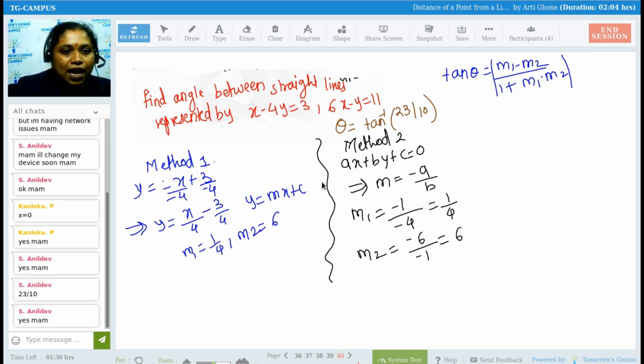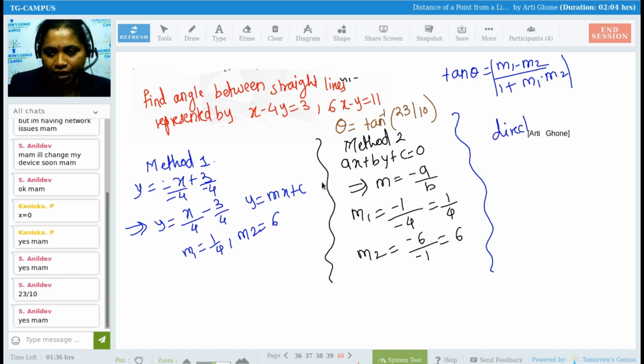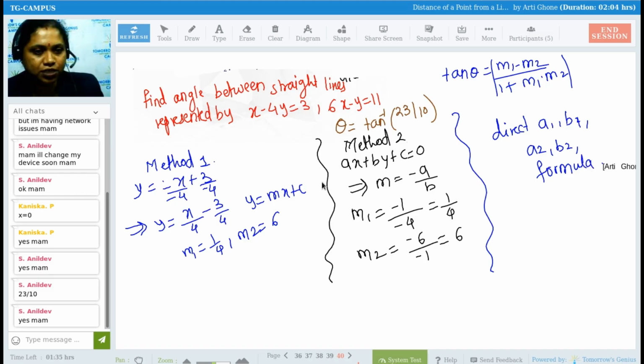Clear? And another method is direct formula application, that complicated formula: a2 b1 minus b2 a1 upon a2 a1 plus b2 b1. And the third method is the direct a1 b1 a2 b2 formula. Okay. So which one is most time reducing for you?